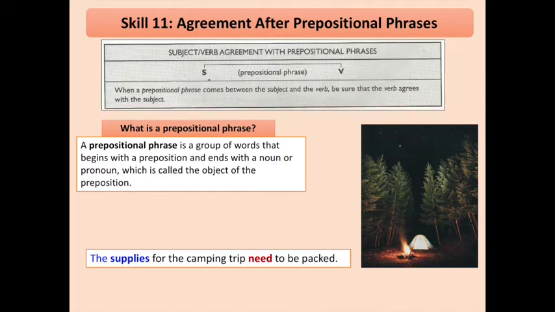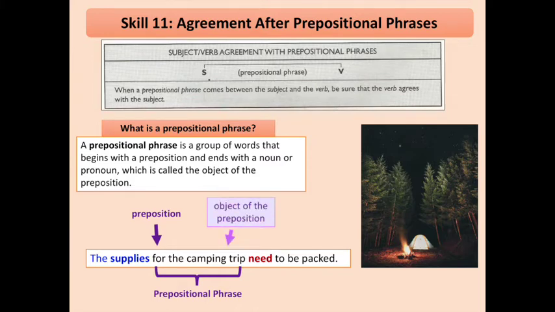Here is an example sentence where a prepositional phrase comes between the subject and the verb. The supplies for the camping trip need to be packed. The prepositional phrase is for the camping trip. It starts with a preposition, for, and then the object of the preposition is camping trip.